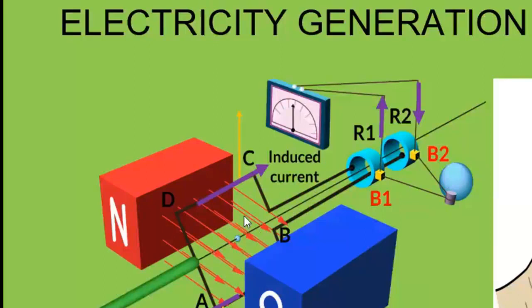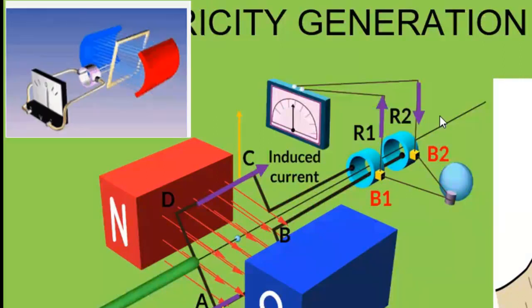Then we have the rotating armature, and then we are evacuating the electricity that we generated from the armature through the slip ring and brush arrangement. So that is how electricity is generated.